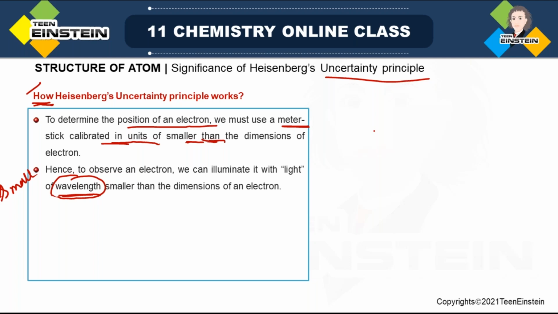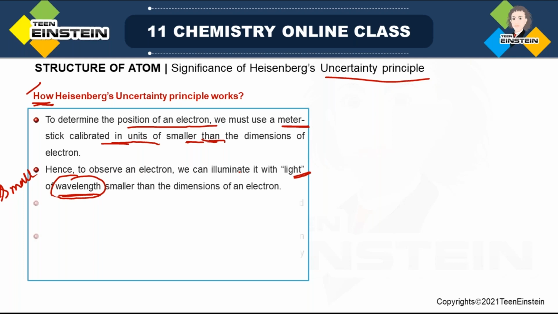So the wavelength must be very small, and when wavelength is small, that means energy is very high. So we have to illuminate the electron with light having very small wavelength. Then only we can have this proper meter stick for the measurement of the position of the electron.